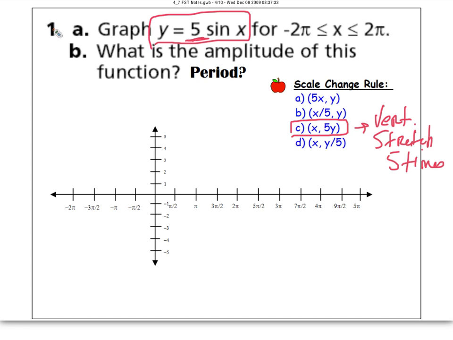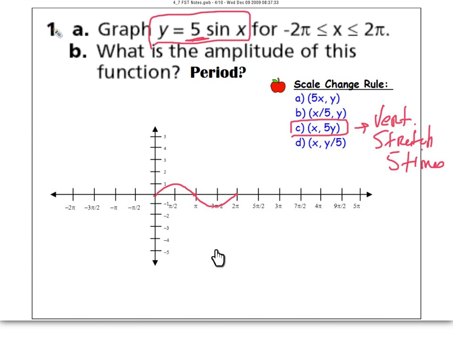So how is that going to impact the amplitude and period? Well, think of what the parent function for the sine graph looks like. If we do a vertical stretch, all that's going to happen is that hump is going to raise and this hump is going to lower.